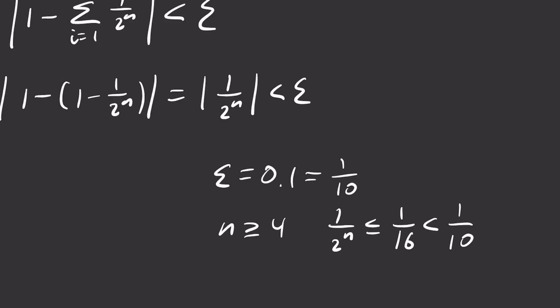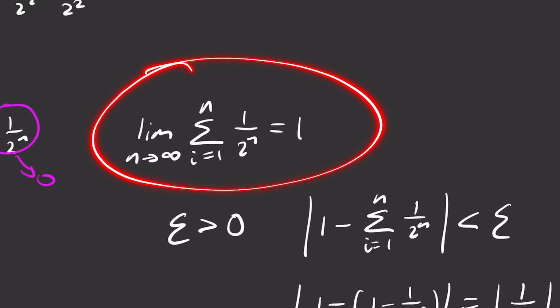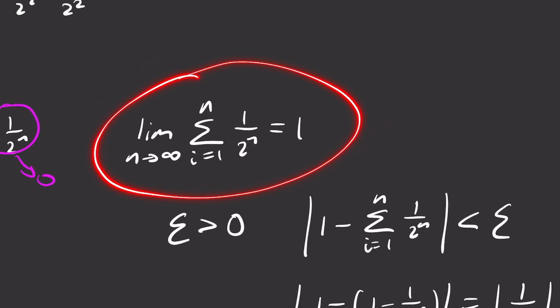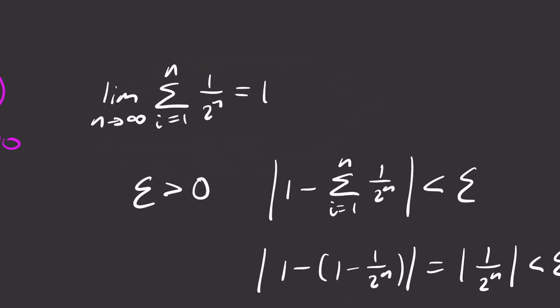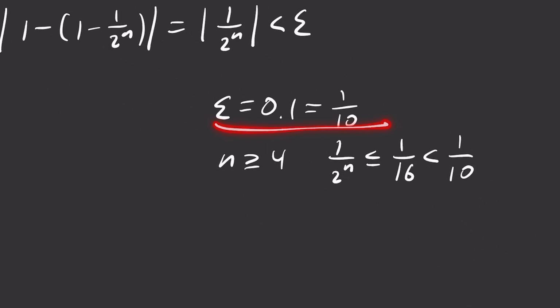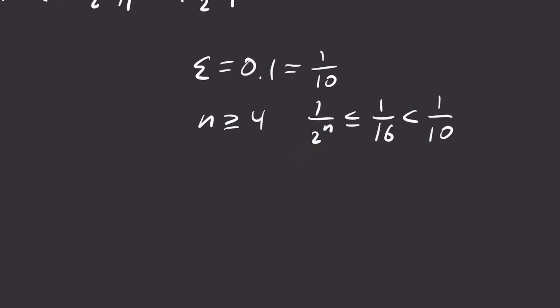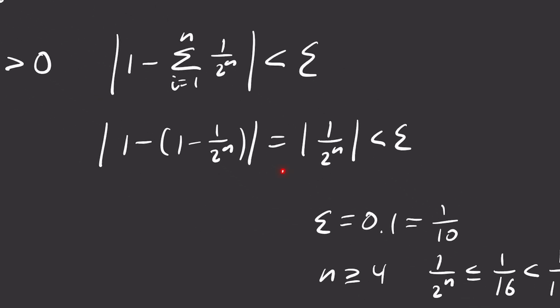And that's what it means for this limit to be what it is. That's what this limit is saying. That's what it means to approach a value. It means that I can pick an epsilon as small as possible, and I can pick a larger value for n. So as n approaches infinity, this is satisfied.